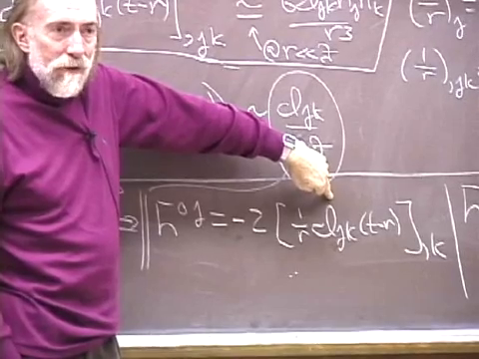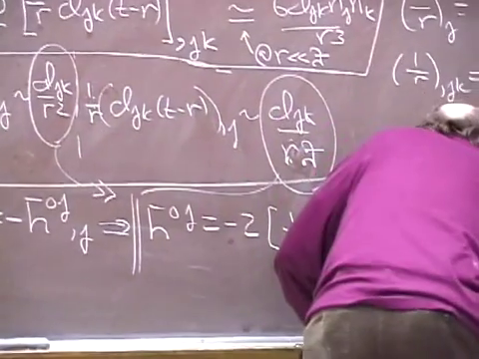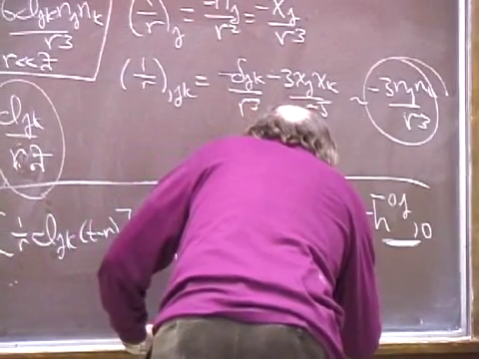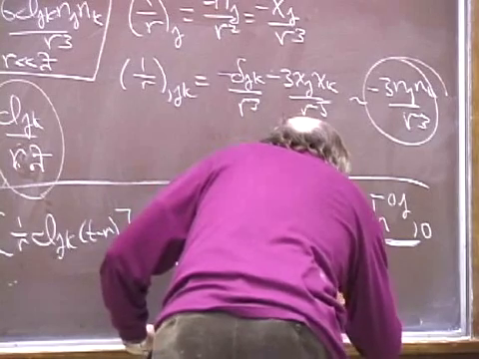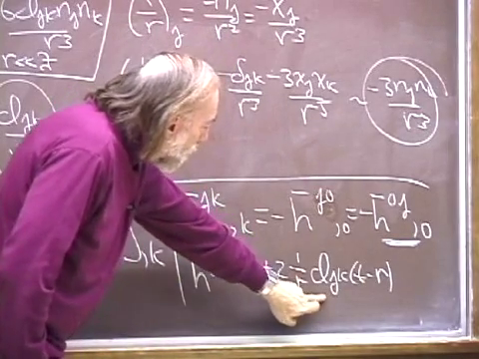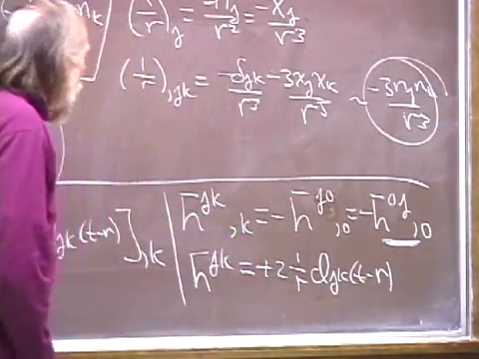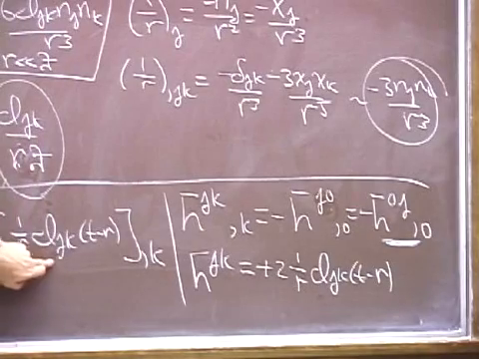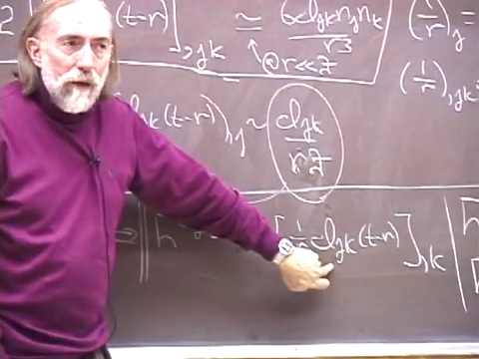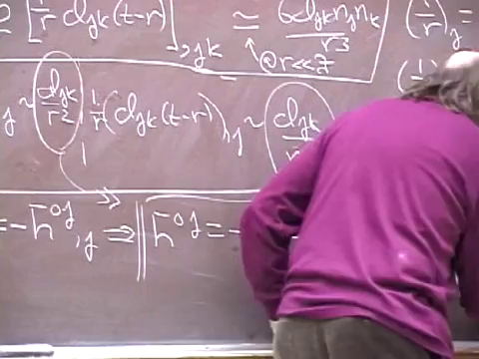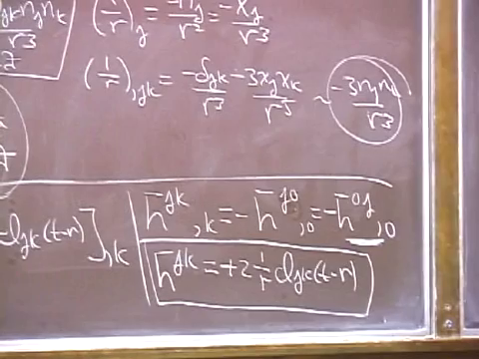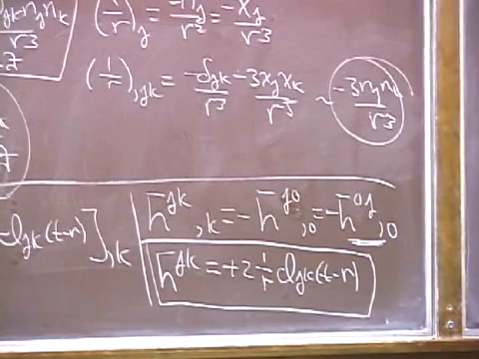Then when I take its divergence, I get the same answer, and it's pretty obvious that h bar jk is just going to be equal to plus 2 times 1 over r ijk of t minus r. So to reiterate, if I take a k derivative on here and flip a sign, I get the same thing as taking a time derivative on there. And so I've used the Lorentz gauge condition twice to move from the time-time to the time-space to the space-space part of the trace-reversed metric perturbation.